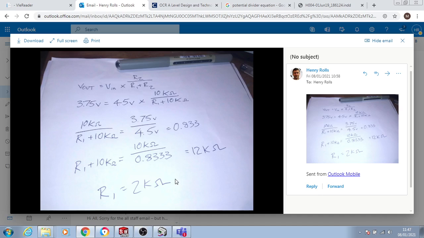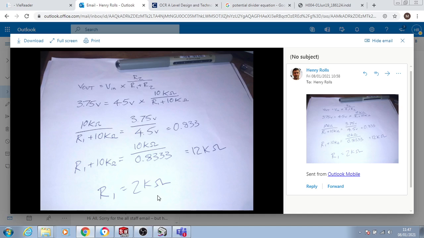So it's a long-winded way. It takes a bit of time. If you've got the time and you're not under stress, you can do it this way. Then if you make a mistake at some point, the examiner is going to award you marks for getting a nice procedure across like that. You can see that resistance is 2 kilo ohms if you do it that way.